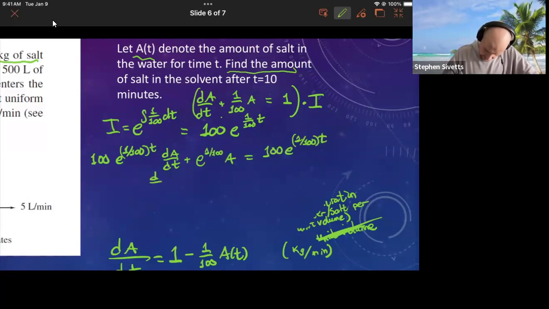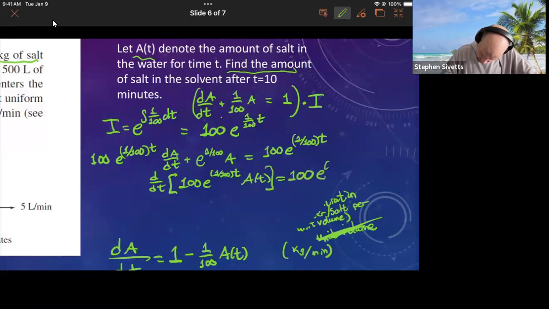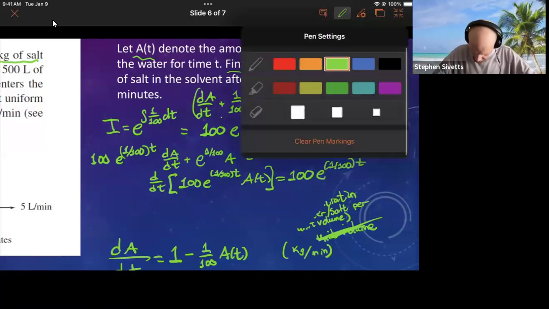And then this left-hand side will reduce down to this function times A of t. Okay, so we'll have that.